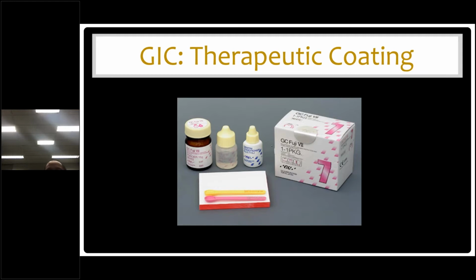This Fuji 7 was designed to be pink for identification, high fluoride release, high water tolerant, and it's a thin material, so it can be used to help prevent caries, lesions from forming in areas where traditionally we can't handle.